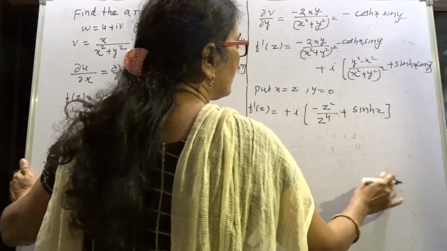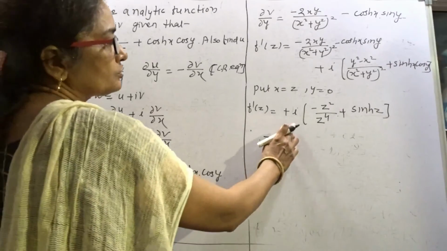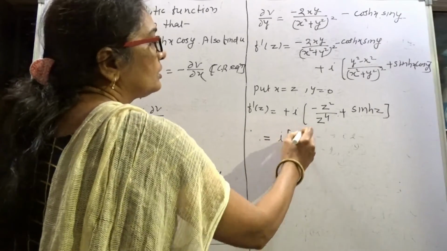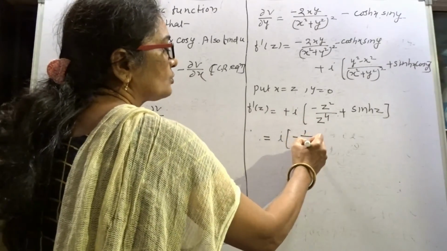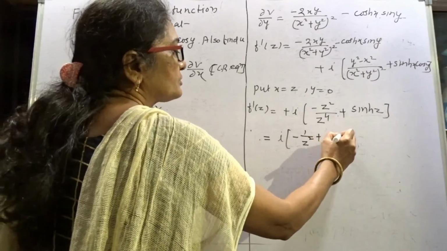This is f dash of z. So now this is equal to i into minus 1 upon z square plus sin hz.